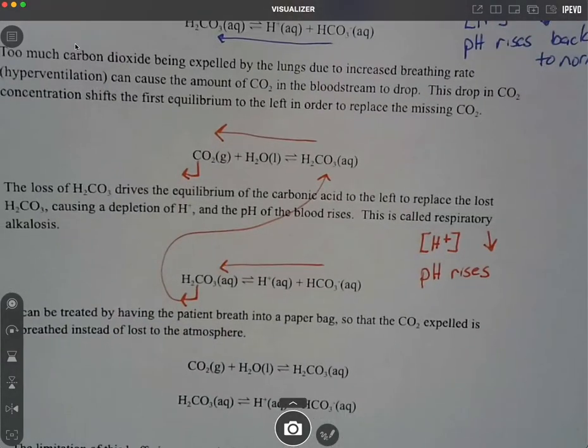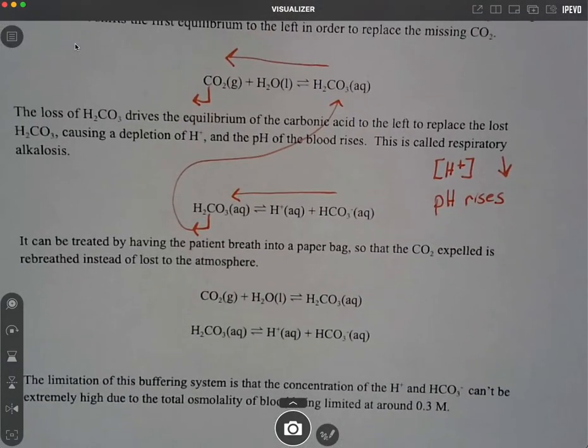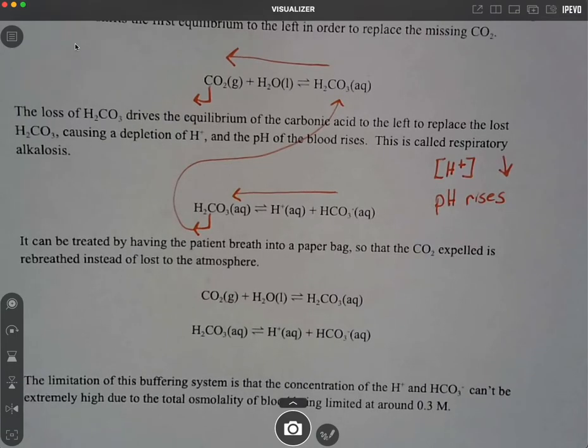The pH rises. It's called respiratory alkalosis because their blood is becoming too alkaline. So we have really two conditions of the bloodstream that are related to pH. Respiratory acidosis, when the blood becomes too acidic. Respiratory alkalosis, when the blood becomes too basic.